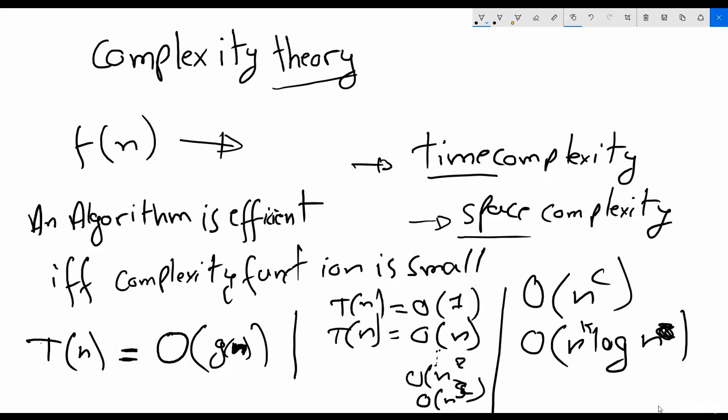We can just get rid of the constants. There are also complexities such as some constant to the power of n. We call them non-polynomial functions, exponential functions. There's also factorial, so that's n factorial. Basically there are a lot of forms of complexities, but these are the most popular and widely spread ones.